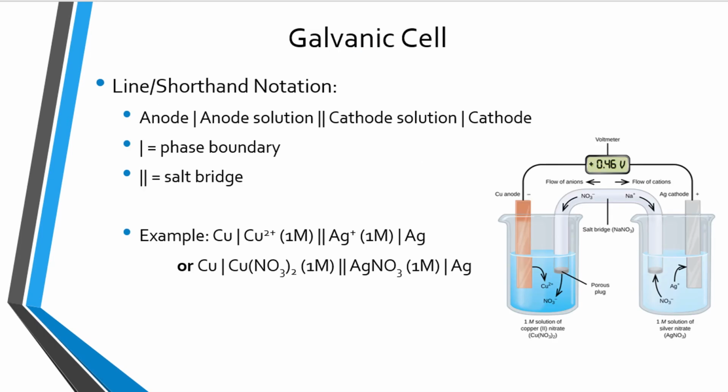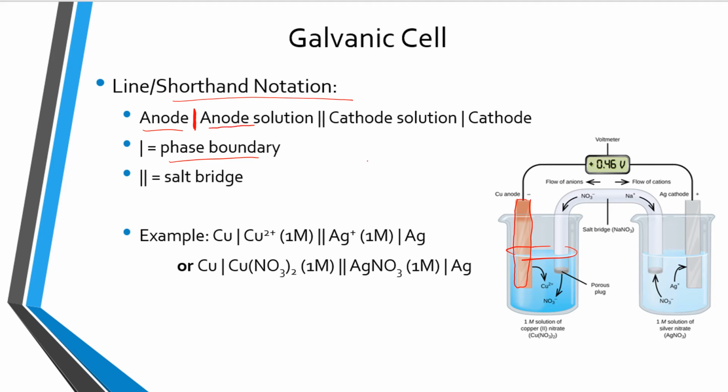Okay, before we go on and practice a few more examples, I'm going to show you something called line or shorthand notation. This is where, instead of having an entire cell drawn out, or maybe even instead of giving you the equation, they just give you the shorthand notation of the cell. The way it works is it's always the anode, then a single line, which is a phase boundary, indicating going from the electrode to whatever's in the solution.